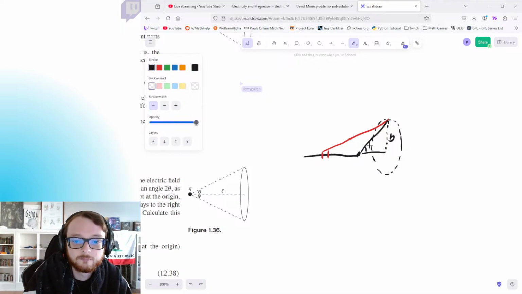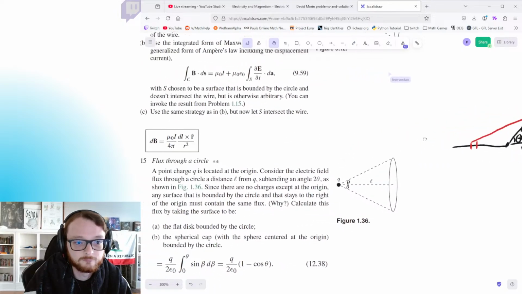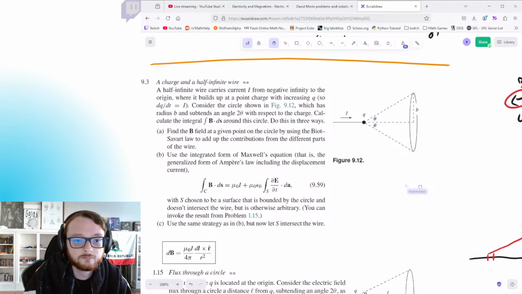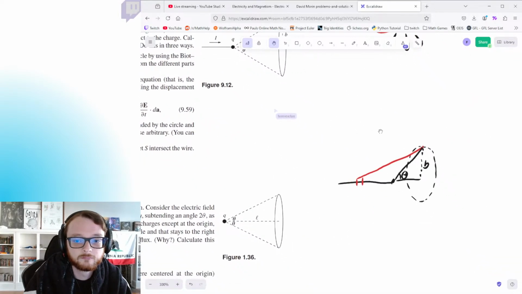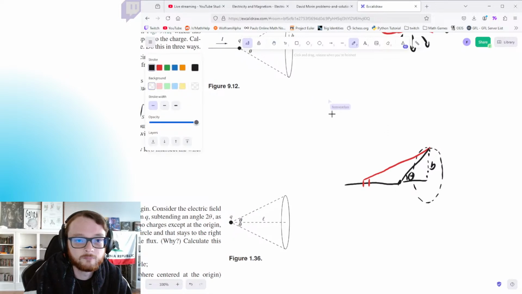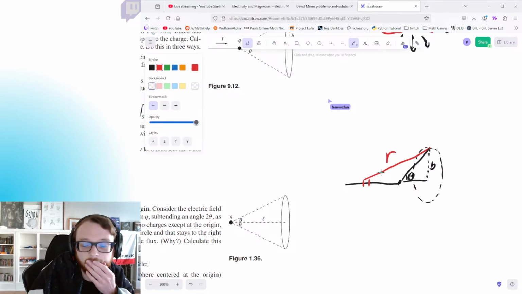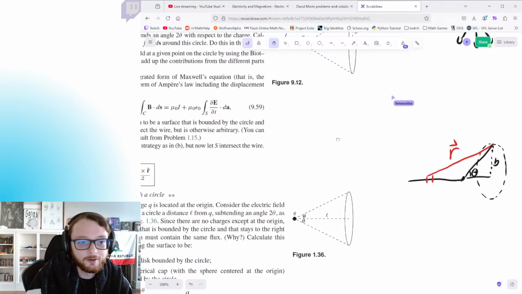How does this Biot-Savart thing work again? So R is the distance from the point on the wire to the point on the circle. So like that. And R hat is, what's the dL? dL was the little length of wire.